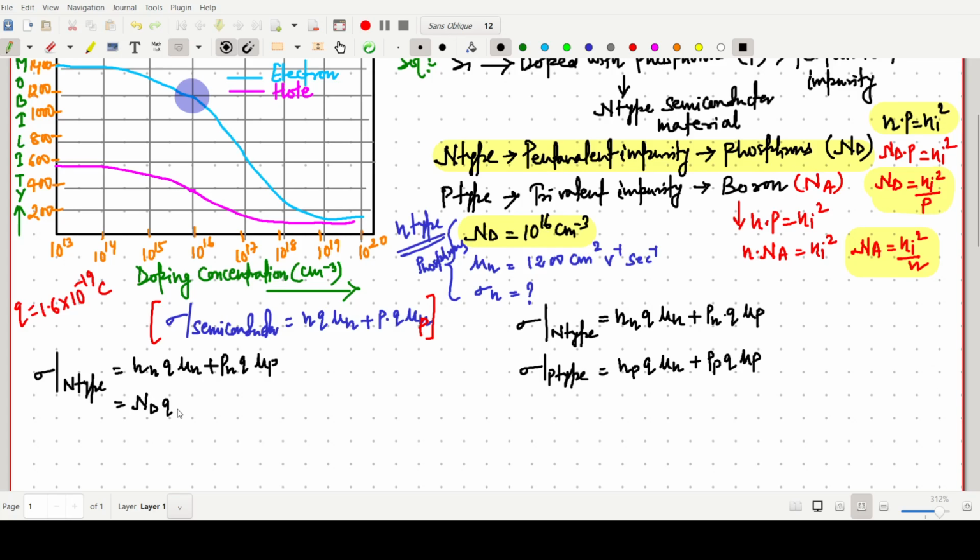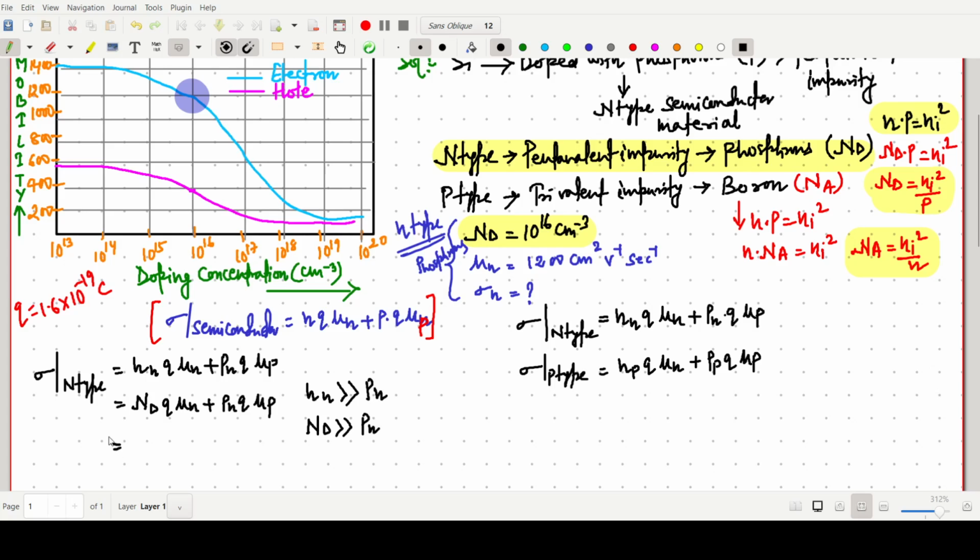So this is n d q mu n plus p n q mu p. Now here we have to assume that the equilibrium concentration of n, that is N d, is much greater than p n, because the electron is the majority charge carrier and its equilibrium concentration is much higher.